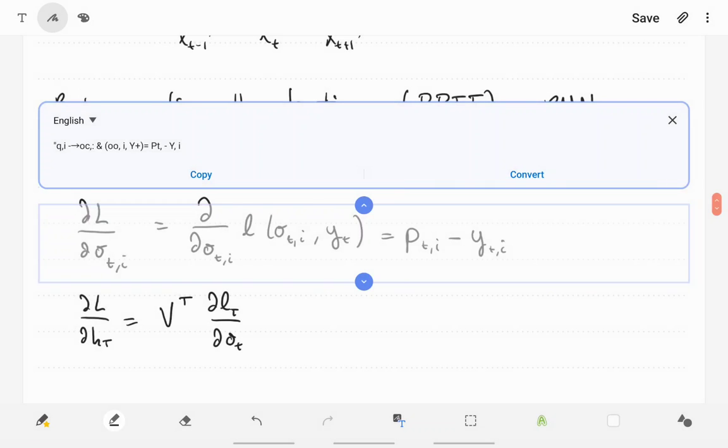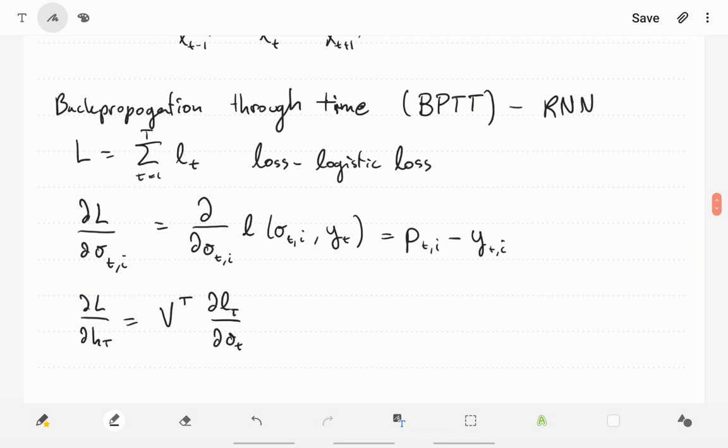Right? So our backpropagation through time, the basic idea, and this is specifically for recurrent neural nets, is that we have our loss function, which is the sum over all of the losses. And so we want the gradient of the total loss with respect to, first of all, let's start with the gradient with respect to the logits, O sub t.